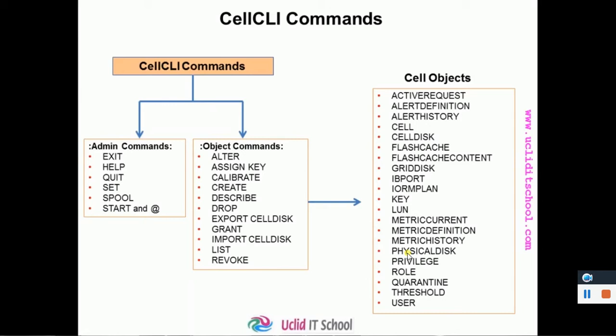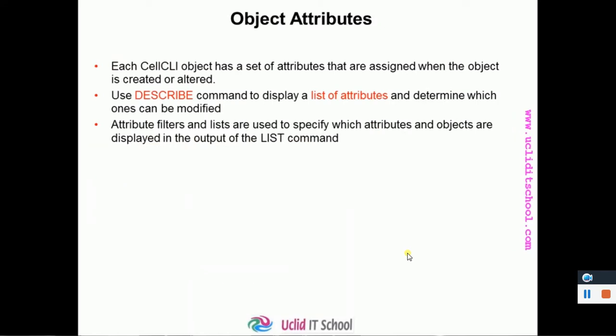Some of the objects: cell is an object, cell disk is an object, grid disk is an object, flash cache is an object. So like that, there are many objects which you can mention in the commands. Then every object has attributes, which are assigned when the object is created or altered.